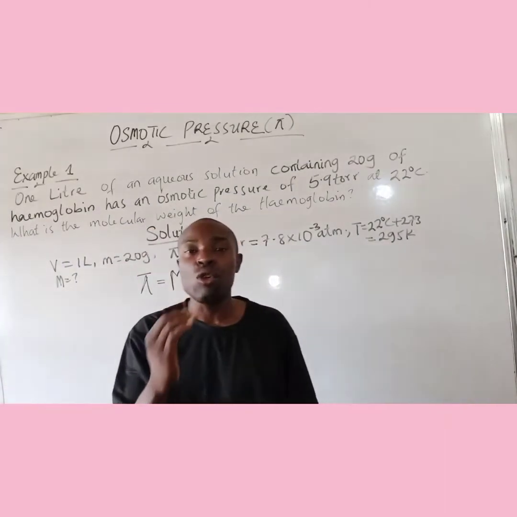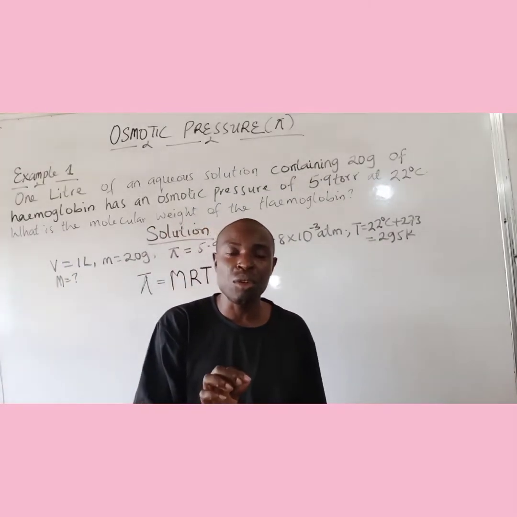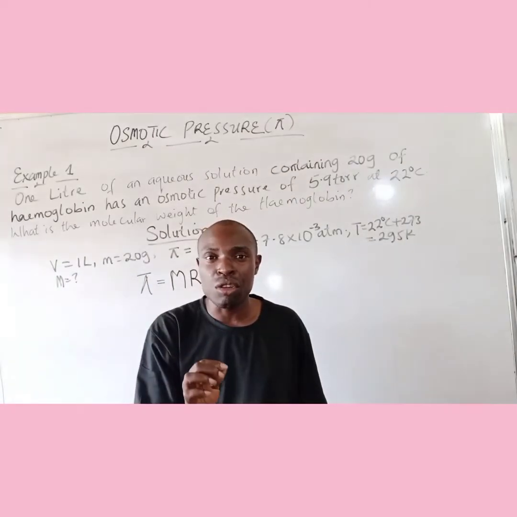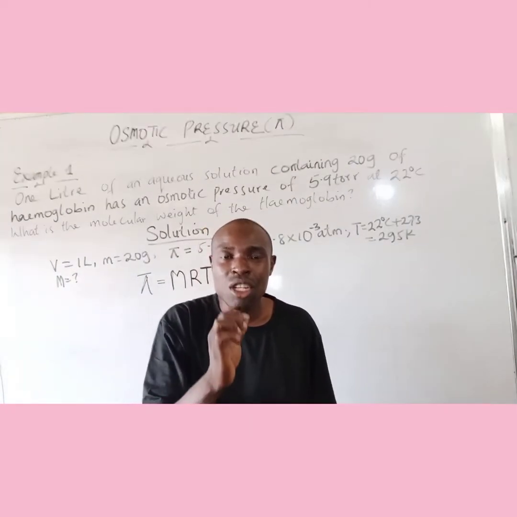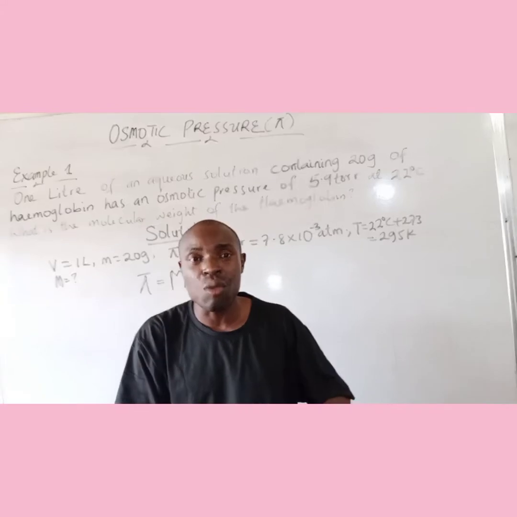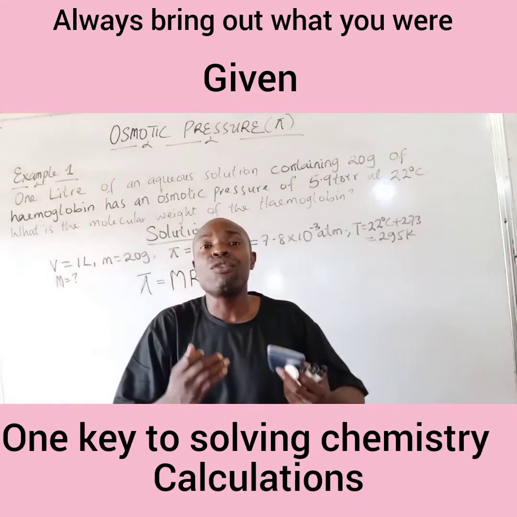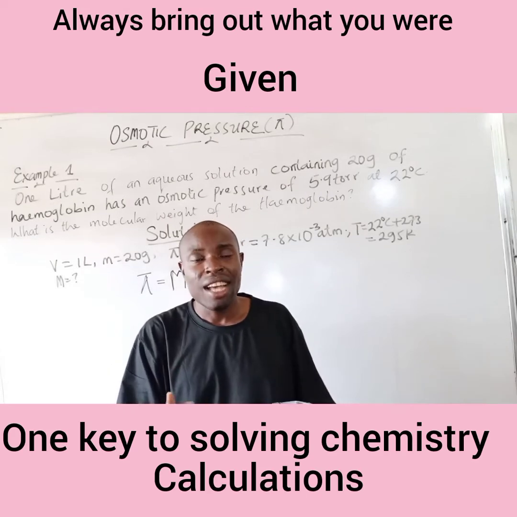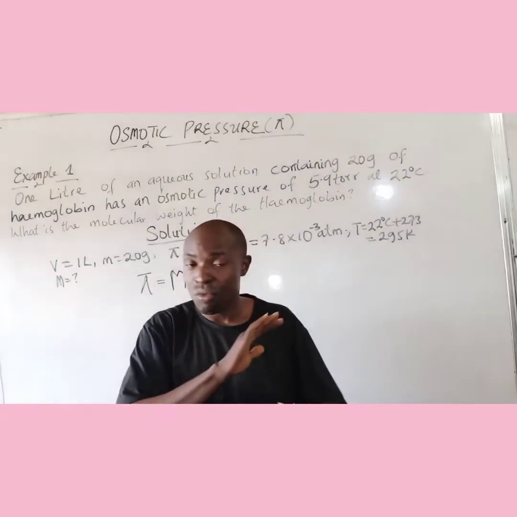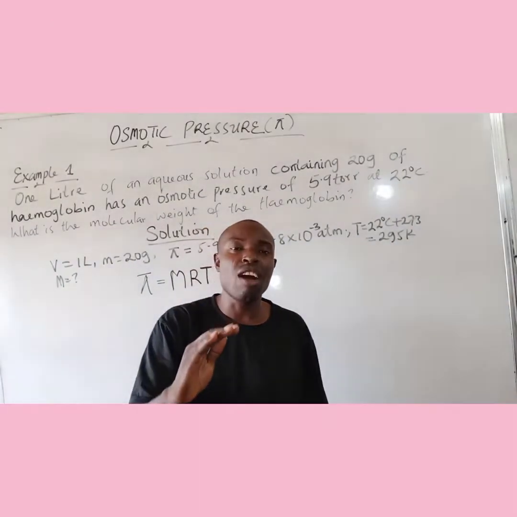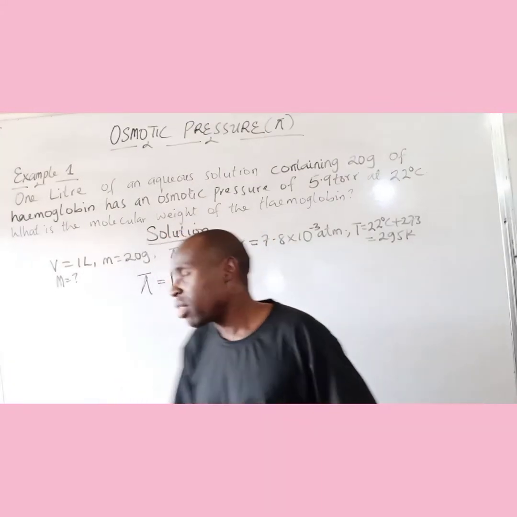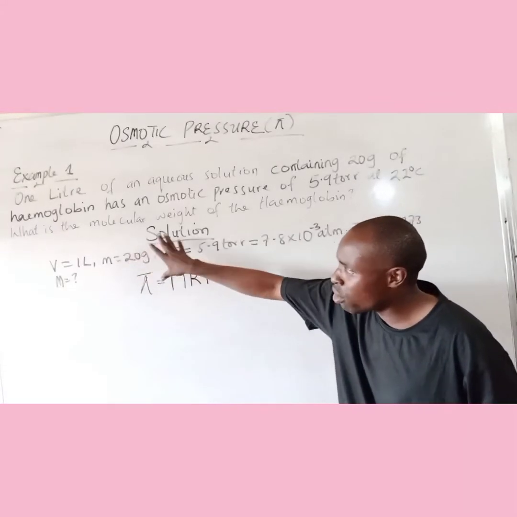Now, as I've always told you in my calculation video, when asked a question, you bring out the parameters that you were given, and from the parameters, you will know the formula that should be applied, and you move on. Very easy. Keep your mind calm, very relaxed, and you understand it. Now, these are the parameters on the board.